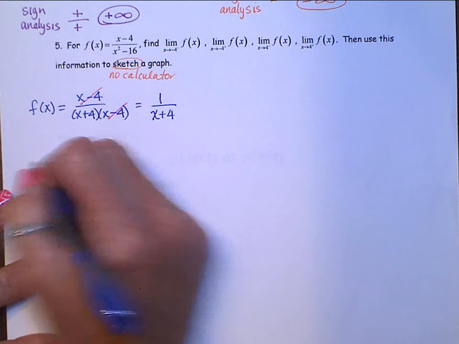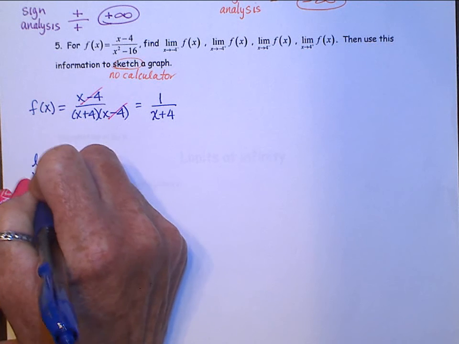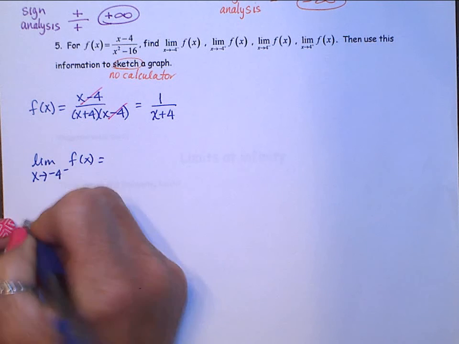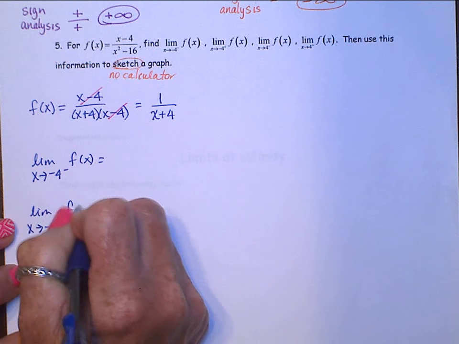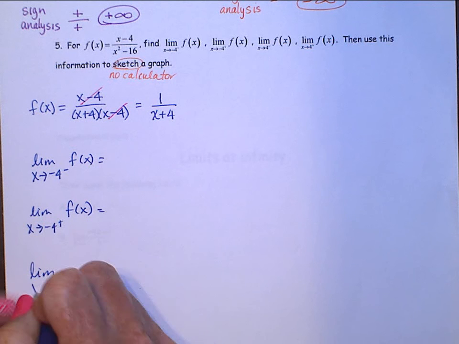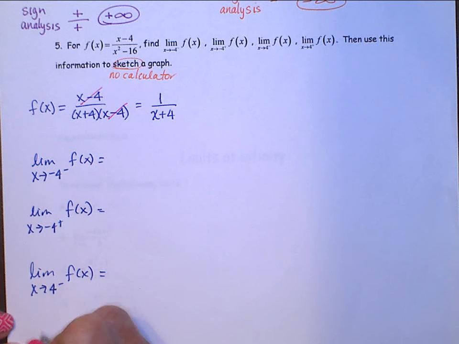Let's list all these limits down here on the side that we need to find. The limit as x approaches negative 4 from the left. The limit as x approaches negative 4 from the right. The limit as x approaches 4 from the left. The limit as x approaches 4 from the right.